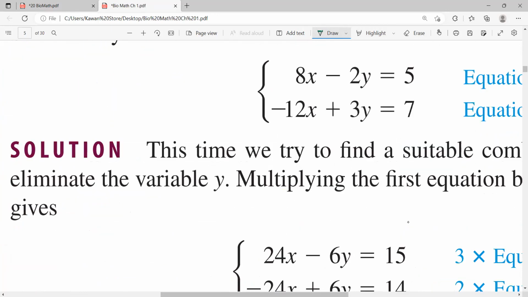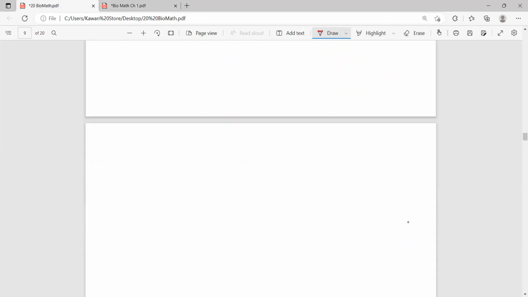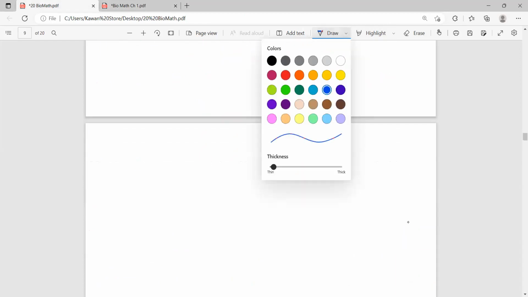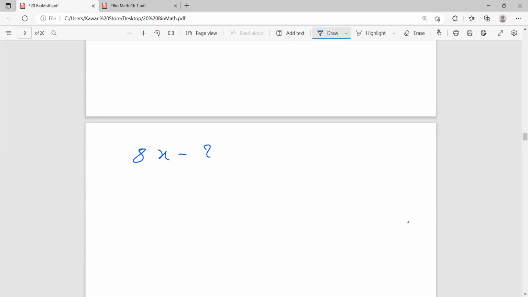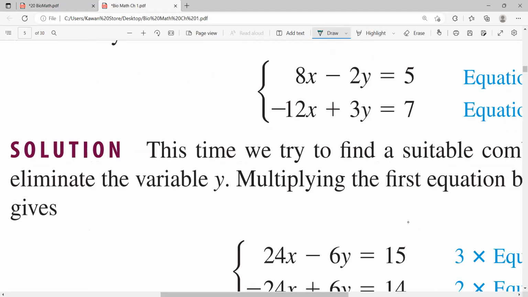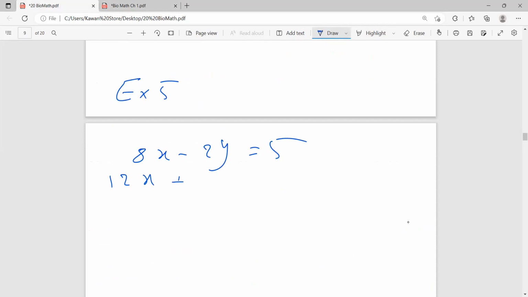Together. 8x minus 2y equal to 5. The other minus 12, 3, 7. Am I right? Good. How do we solve that one?